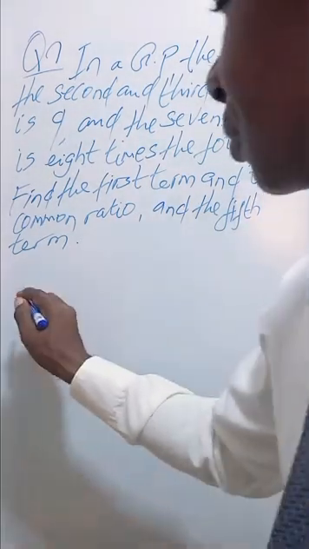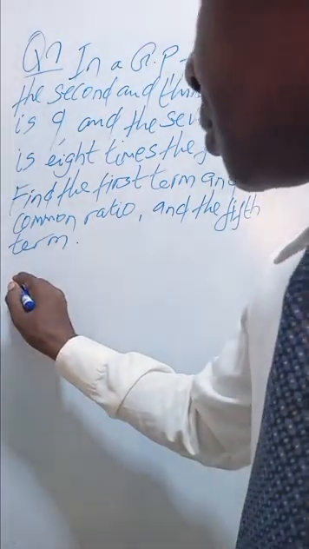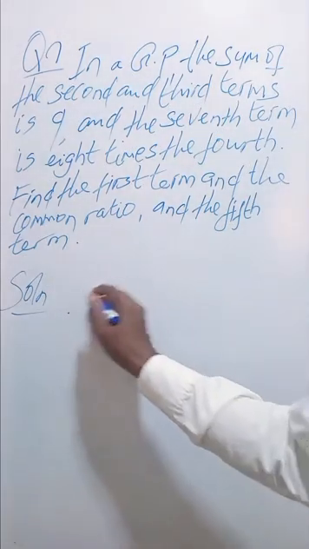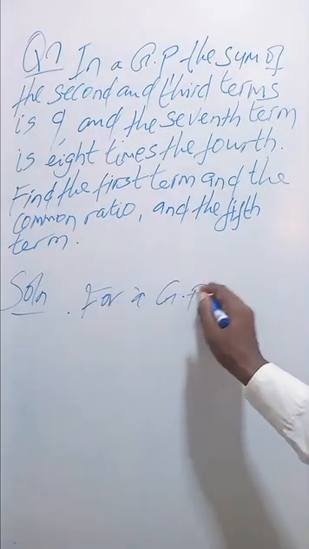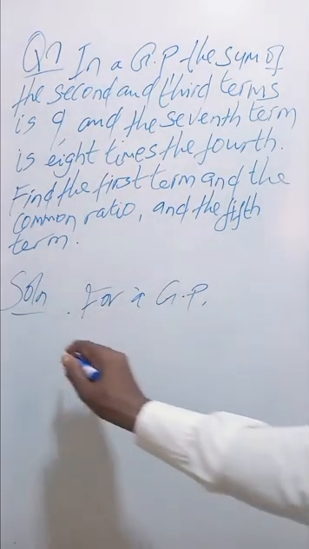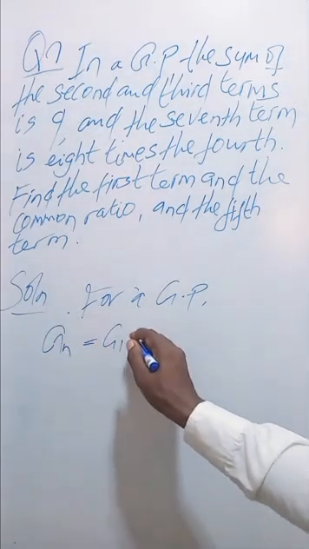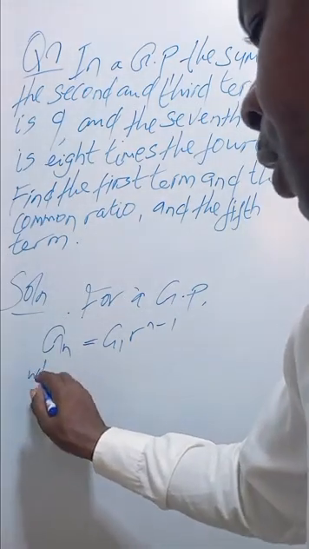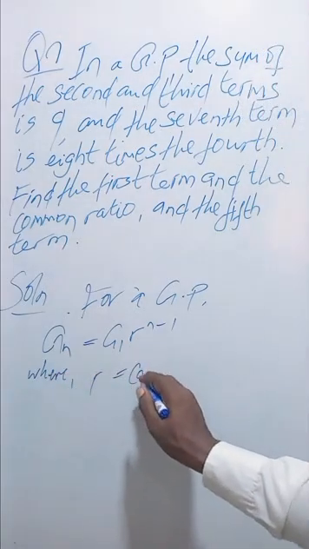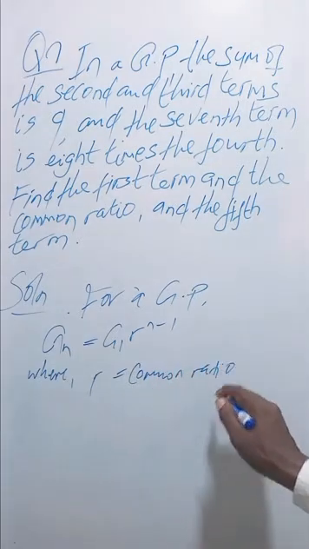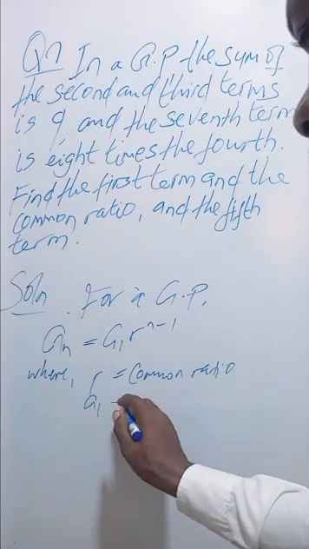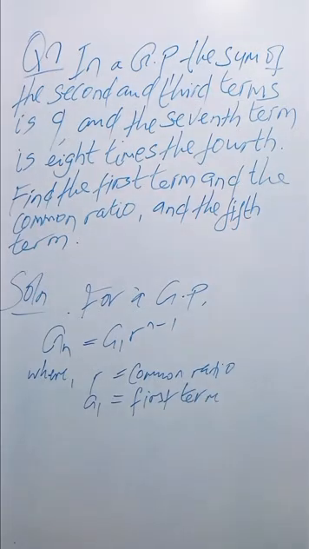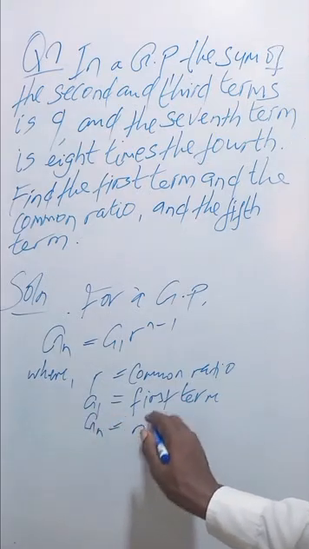Here is the solution. First of all, we have to remember for geometric progression, the nth term, that is Gn, is given by G1 R raised to power n minus 1, where R is the common ratio, G1 is the first term of the geometric progression, and Gn is the nth term.